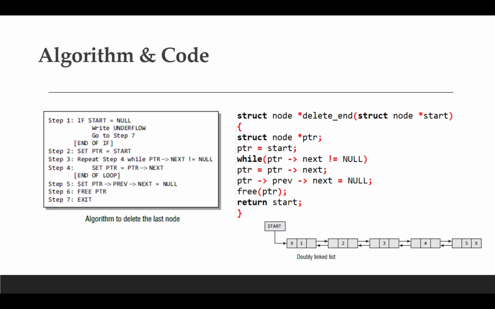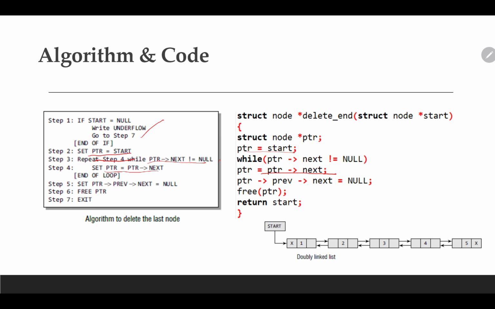So this is the algorithm. First we are checking underflow. Then we are assigning PTR is equal to start. Then we are checking the condition. Here we have to repeat step 4 until this condition becomes false. If this condition is true, we execute PTR is equal to PTR to next.